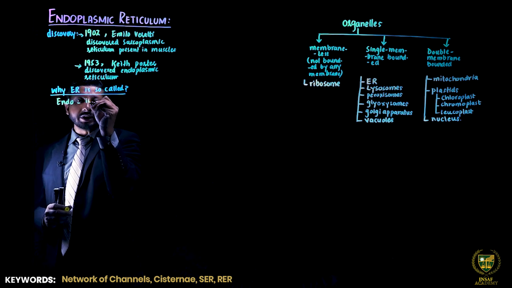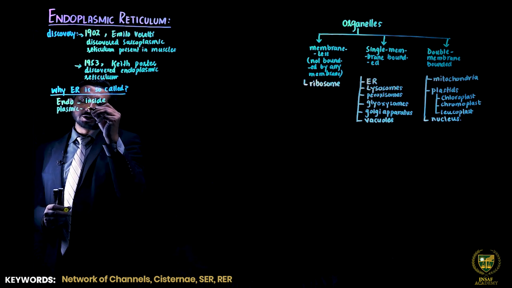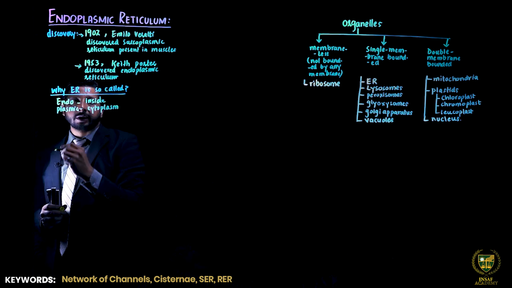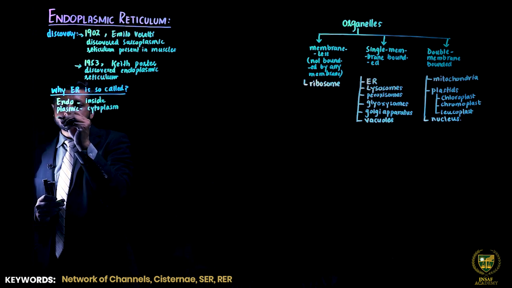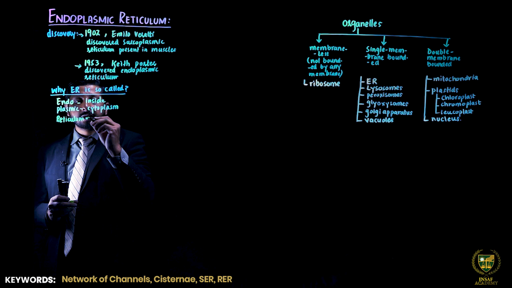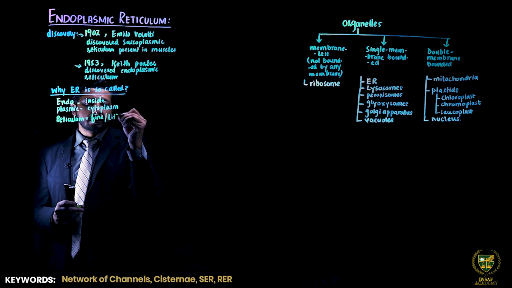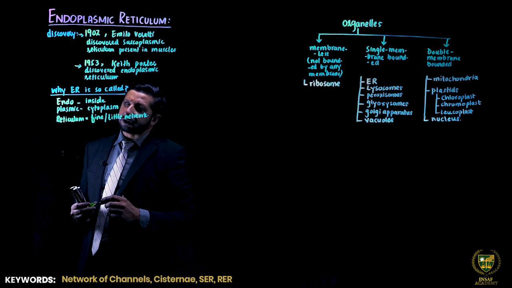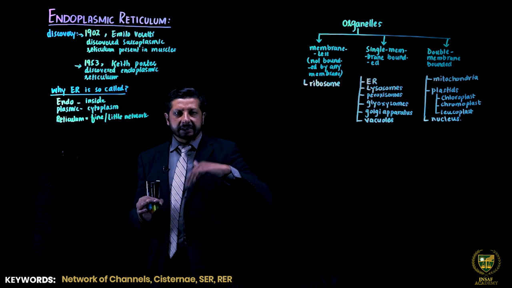Endo means inside, and plasmic is related to the cytoplasm. Reticulum means a fine or little network. That is its literal meaning. So it is basically a fine network inside the cytoplasm.